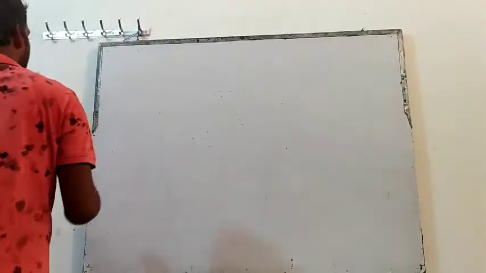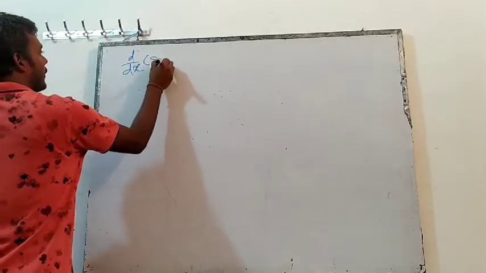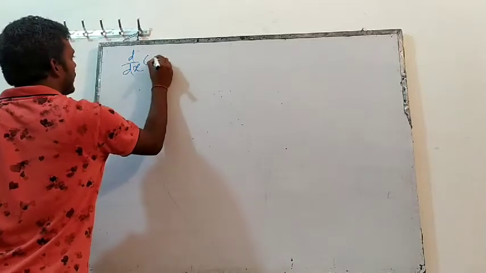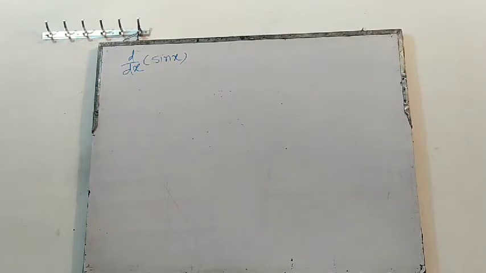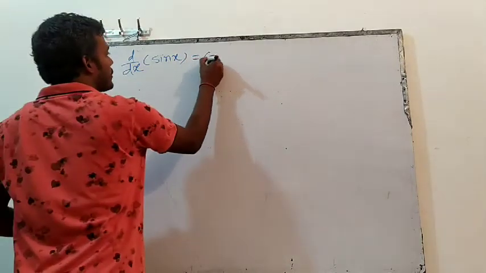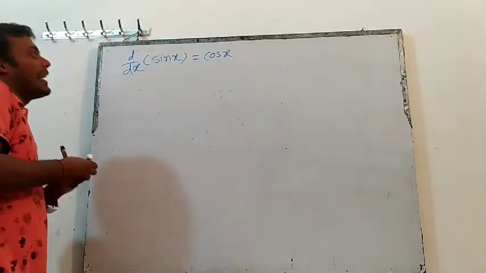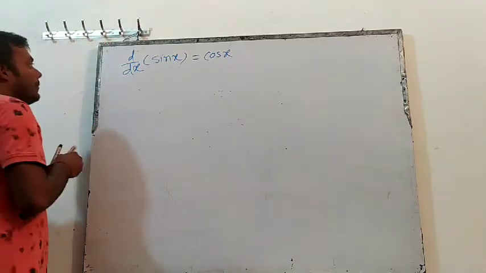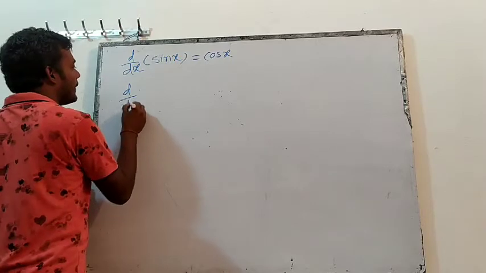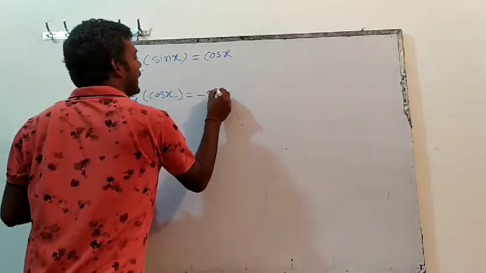Suppose the differentiation of sin x. What will the differentiation of sin x be? The differentiation of sin x is cos x. So whenever you differentiate sin x, the result will be cos x. And the differentiation of cos x will be minus sin x.